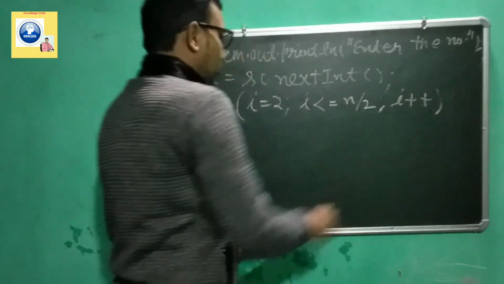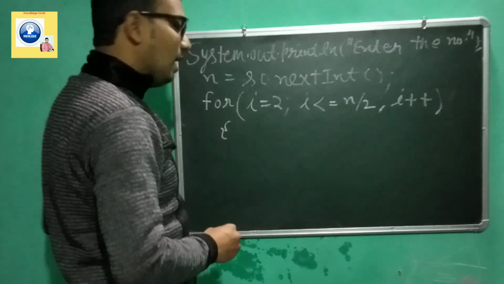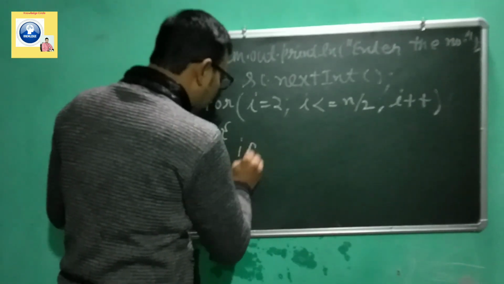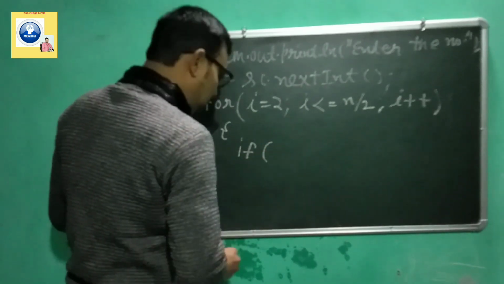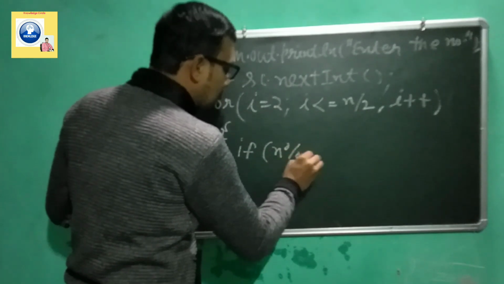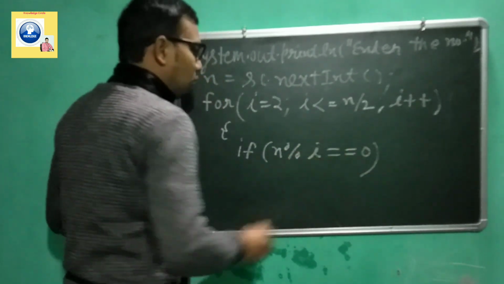Okay, so what we have to do next is check the divisibility. How to check the divisibility? We have to use an if statement: if n modulo i is equal to 0. What is the meaning?